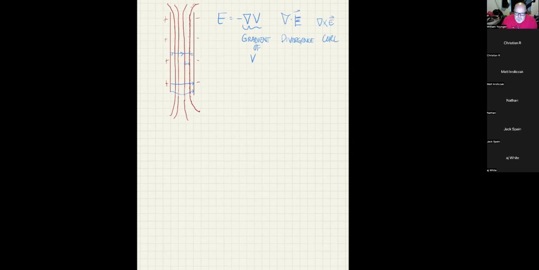Okay. So section 23.8 talks about electrostatic potential energy.